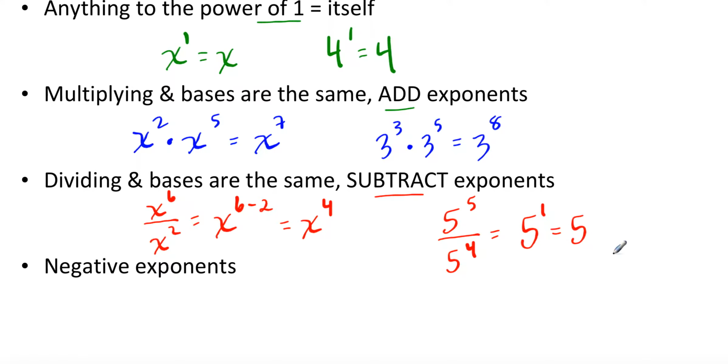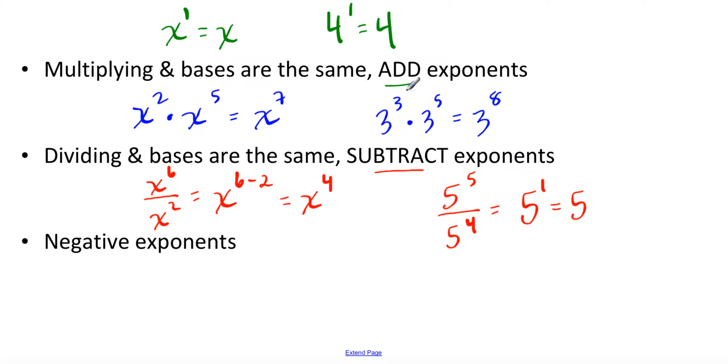And lastly, when we want to deal with negative exponents, we just move the term across the fraction bar. So for example, if we have x to the negative third, we would rewrite that as 1 over x to the positive third. But only the sign of the exponent changes.